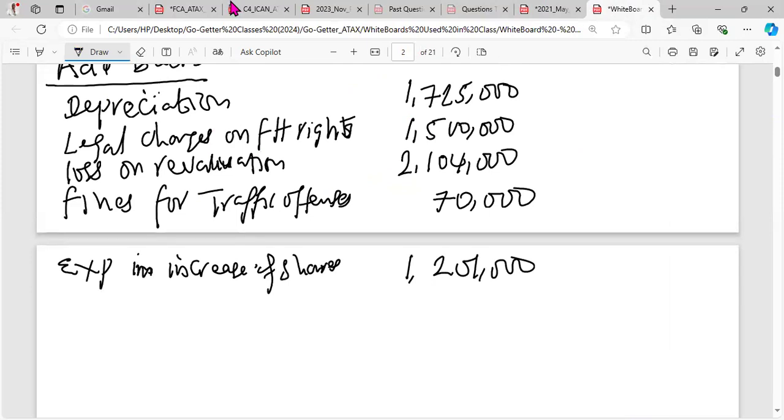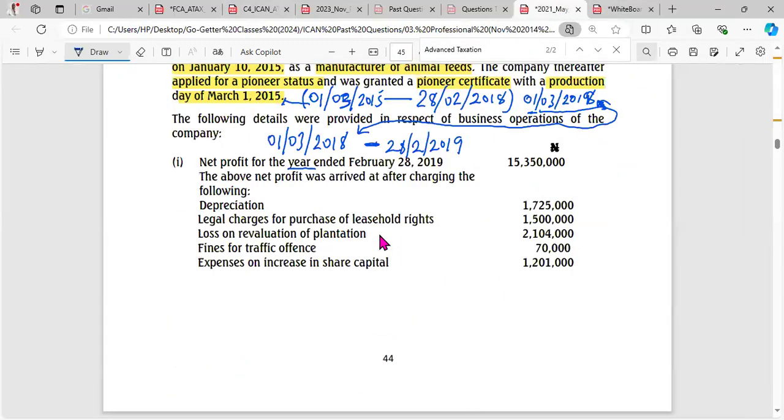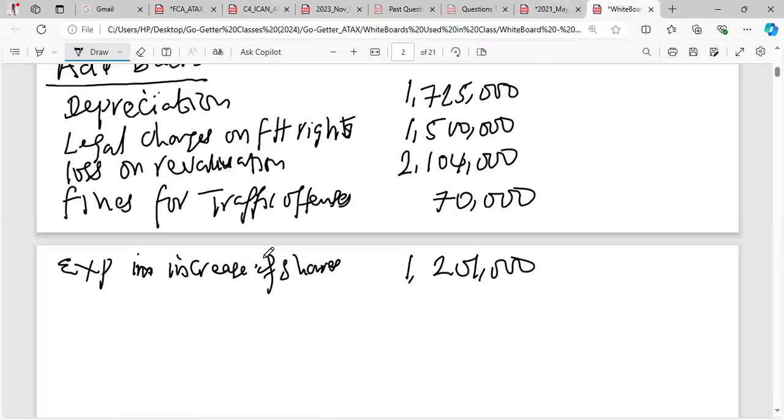So let's see if there's any other one again. There is none. So what do we do? We add all of this here.